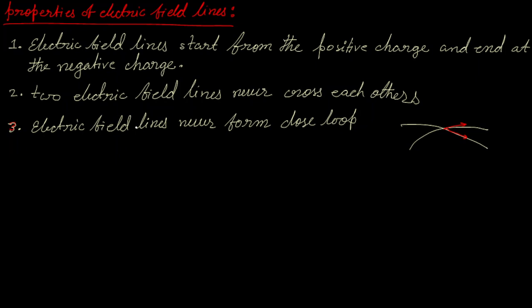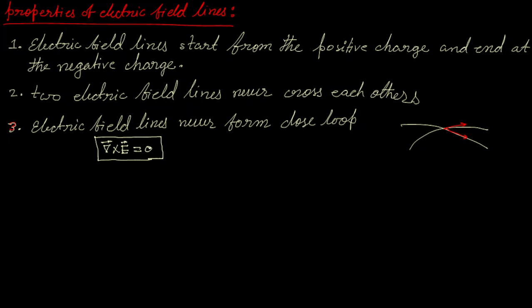So if the static electric field never forms a closed loop, then what will be the value of the curl of the electrostatic field? It will always be 0. As I told you, when we talk about the curl of any vector, if we operate this curl operator on a vector field, that gives you the rotational nature of the vector field.